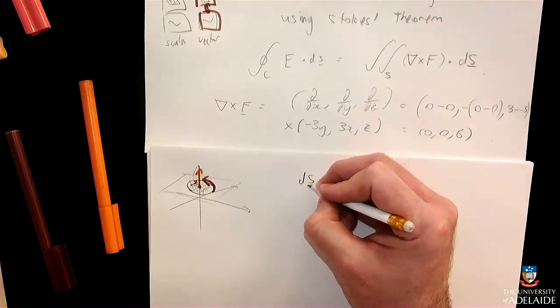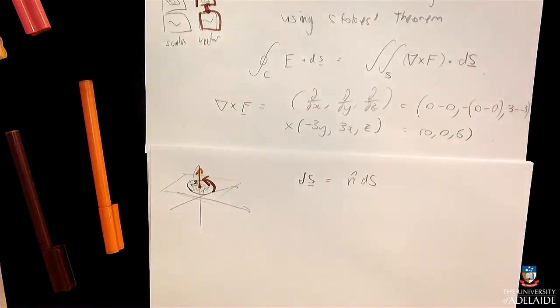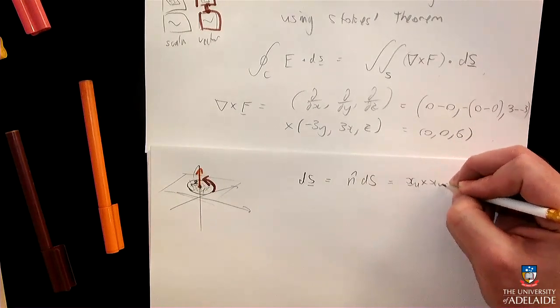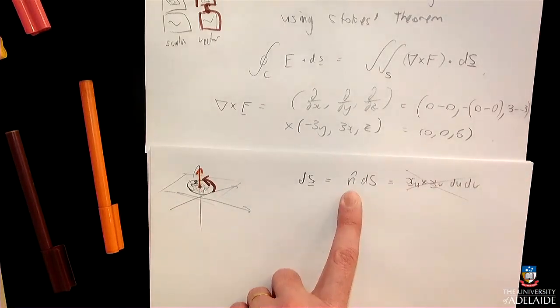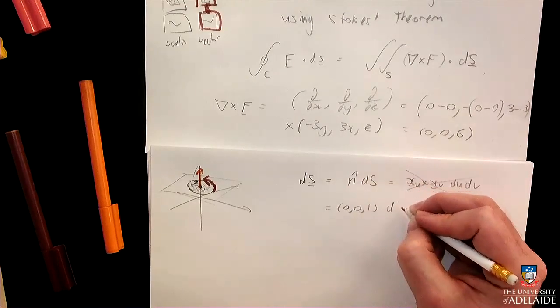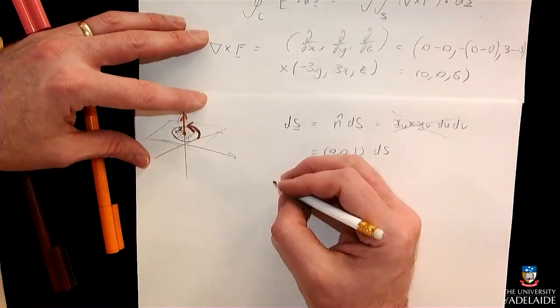So dS is n hat dS, which is also like the parameterize-y thing with the cross product and stuff. But we don't need that because I know what n hat is. It's 0, 0, 1 at every point on this surface because it's flat. So let's see.